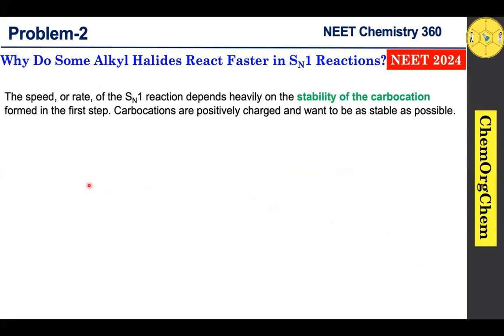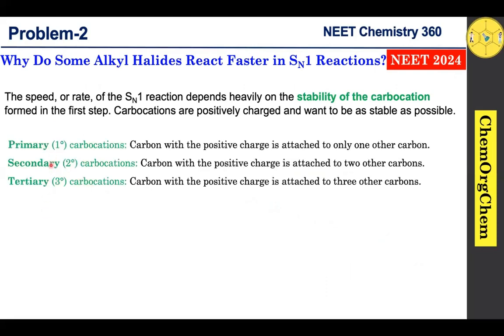The speed or rate of SN1 reaction depends heavily on the stability of carbocations. We already know that there are three types of carbocations: primary carbocation, secondary carbocation, and tertiary carbocation. When you arrange the stability order, tertiary carbocation is more stable than secondary and primary.